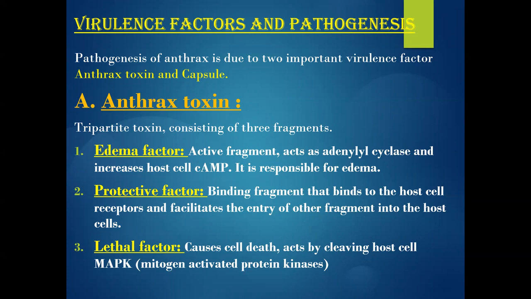This is responsible for edema. Protective antigen is the binding fragment that binds to the host cell receptors and facilitates the entry of other fragments into the host cell. And the last one, lethal factor, causes cell death and acts by cleaving host cell MAPK, that is, mitogen activated protein kinases.